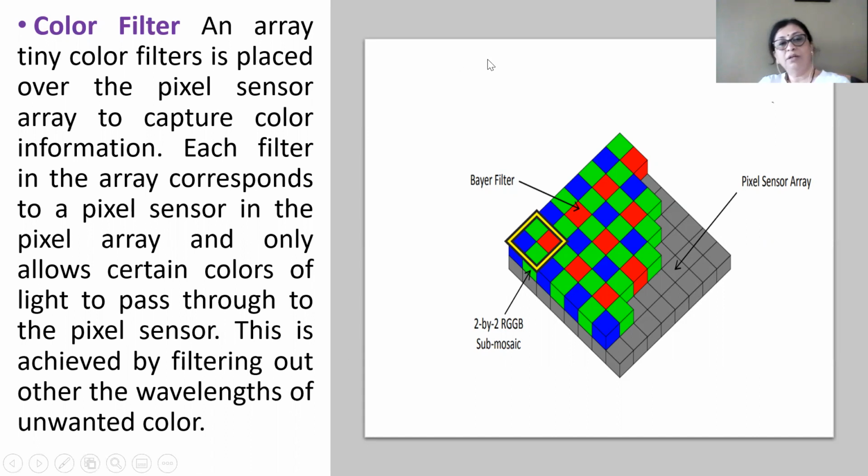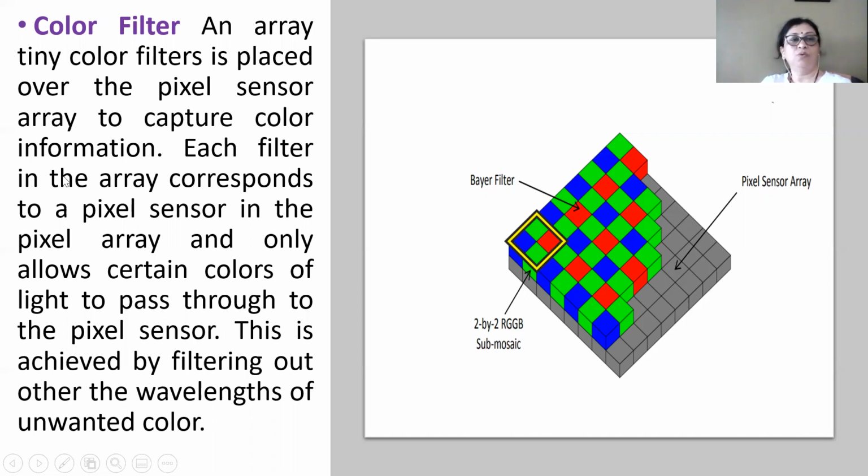And here you can observe a basic or sub mosaic which consists of 2 by 2: R, G, G and B. R means red, two greens are there and one blue is there. So this whole combination or cluster of these four squares forms what is called a submosaic. And this submosaic is responsible for producing different colors.